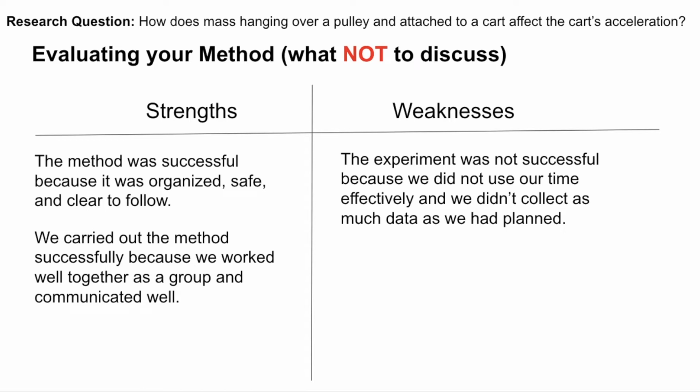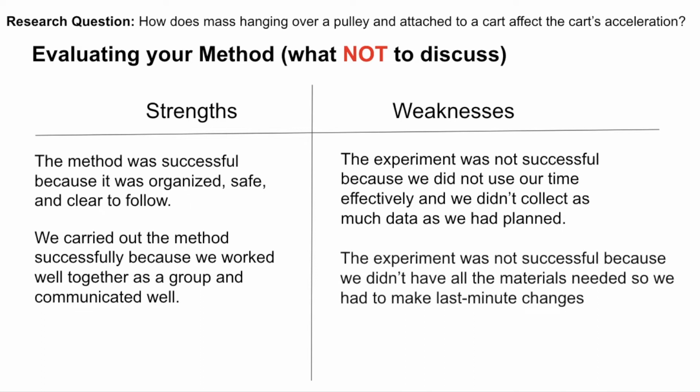These are the things that your science teacher does not care about when grading your work. They care about you doing these things, absolutely, but they're not relevant to your evaluation of your scientific research. Again, a weakness. The experiment was not successful because we didn't have all the materials, so we needed to make last-minute changes.